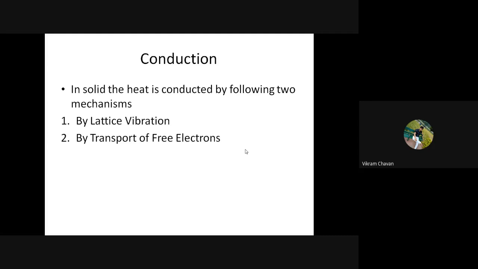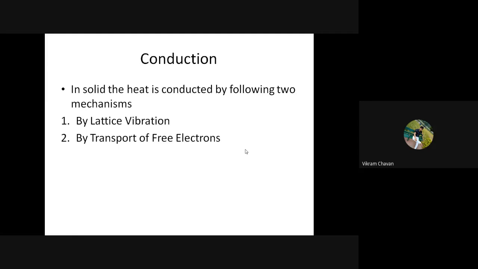The first mechanism is lattice vibration, and the second mechanism is transport of free electrons. Because of these, conduction happens in substances.